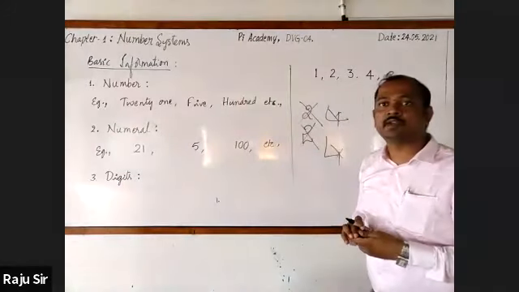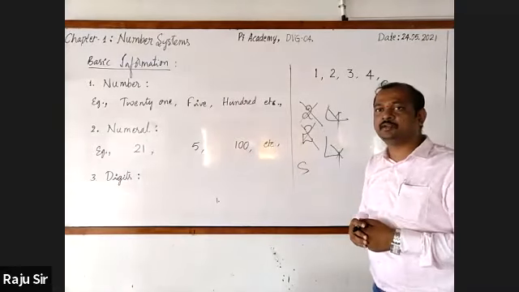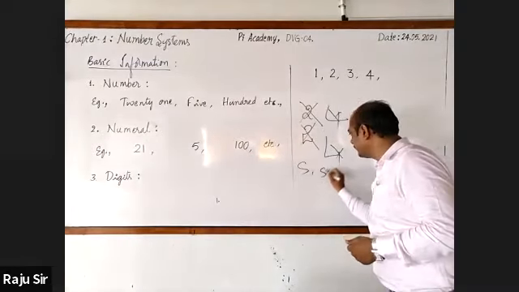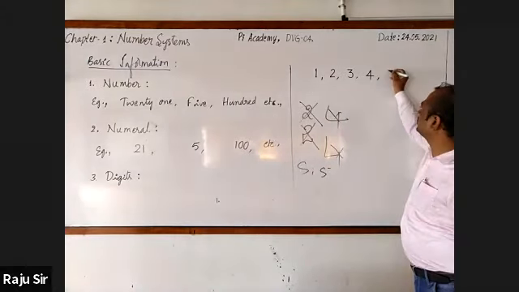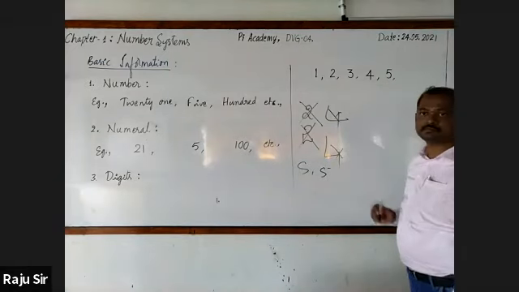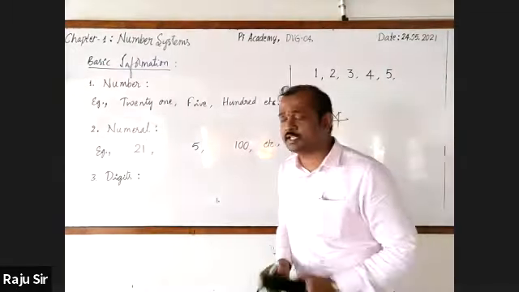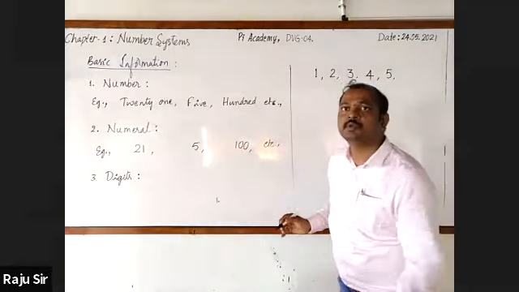Some students will write 5 like this. You might have noticed your friends, even some will write in this way. These must be avoided. 5 should be written like this. This is 5. Next, 6. As per my observation, some students have practiced writing 6 like this.